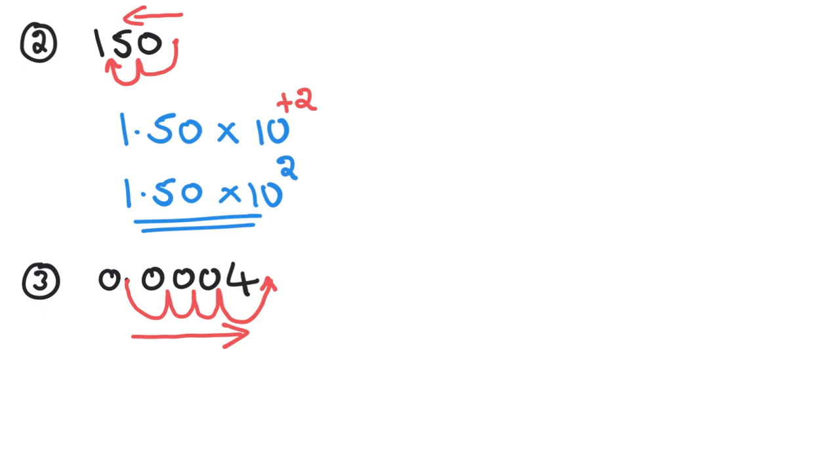So now my number is 4.0 times 10 to the power. Because I moved the decimal point to the right by 4 digits, I subtract 4. Always remember, when you move the decimal point to the left, you will add to the power.